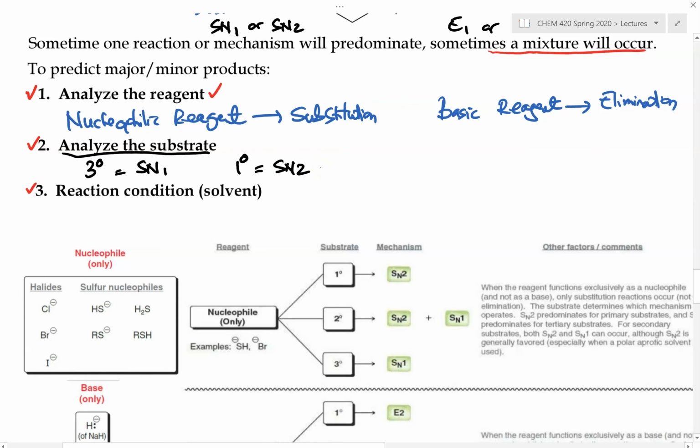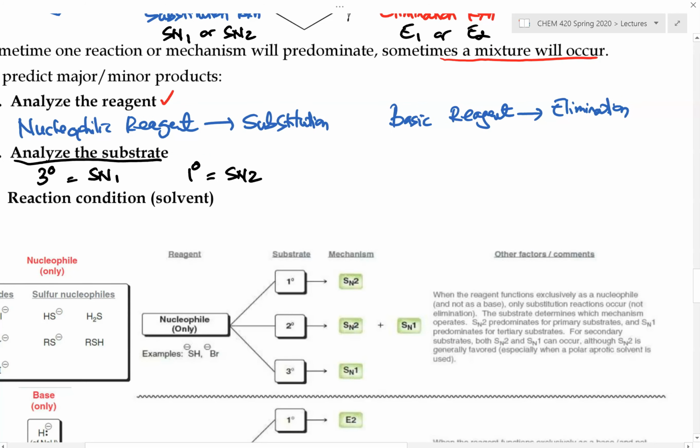And if we were to have the secondary substrate, then it can occur through either SN1 or SN2. And now, if we were to be doing an elimination reaction, the structure of the substrate actually does not matter at all in elimination reaction, where all primary, secondary, and tertiary favor E2 reaction.